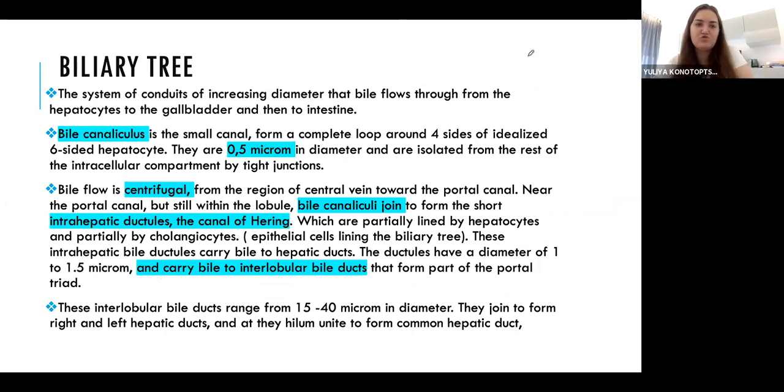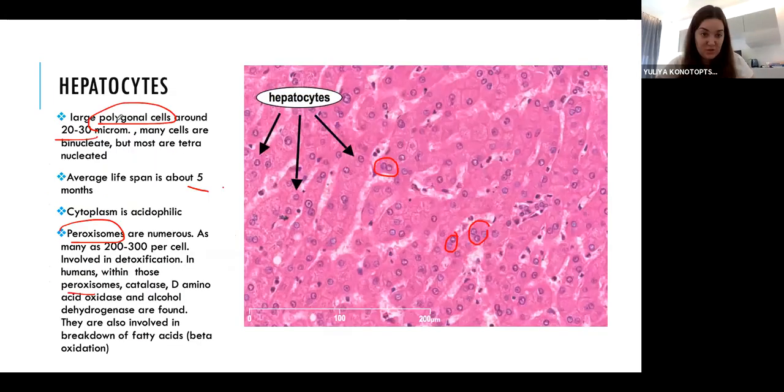So let's draw our hepatocytes. We have said that hepatocytes are polygonal in shape, but it's very important that they're 6-sided as well. So when we say that a hepatocyte is polygonal, it would be much better said that they're hexagonal.